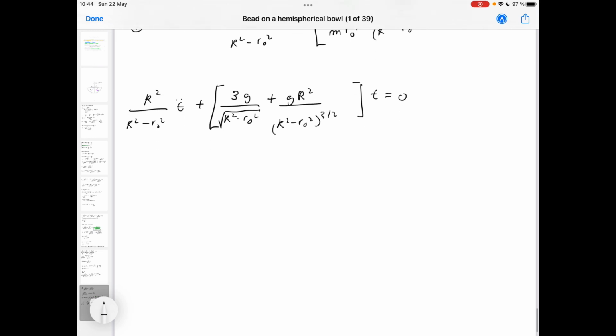What we can do is multiply this part by R squared minus R naught squared.